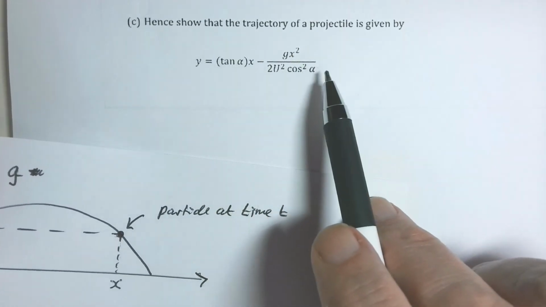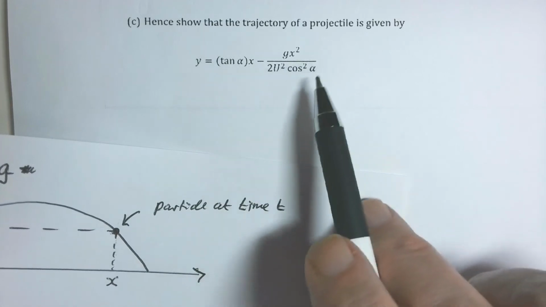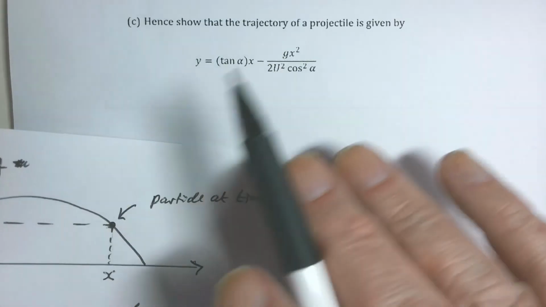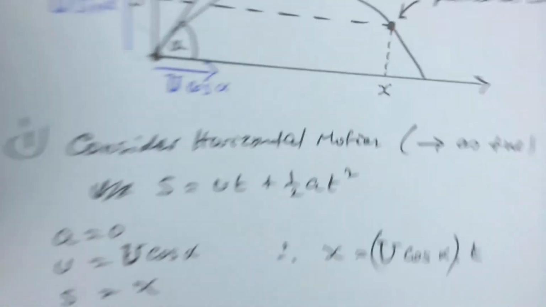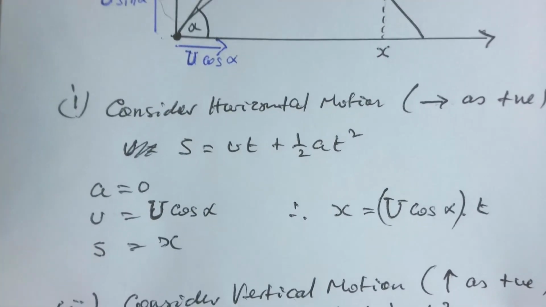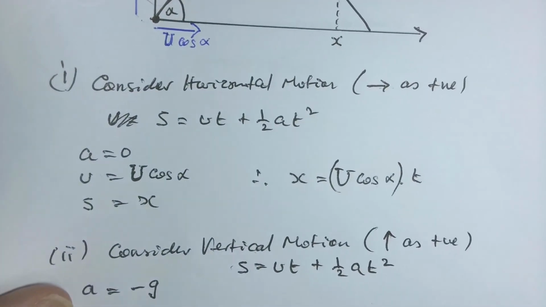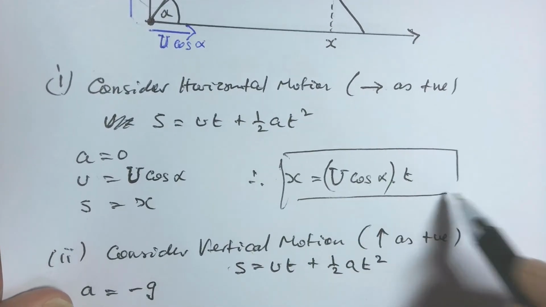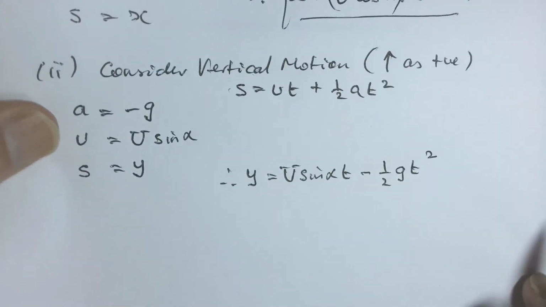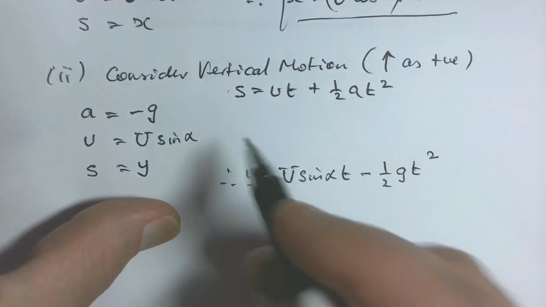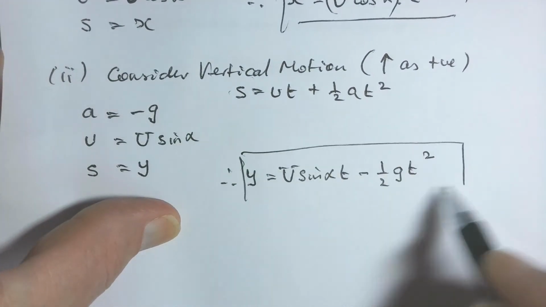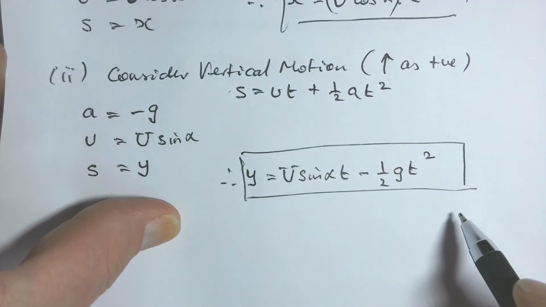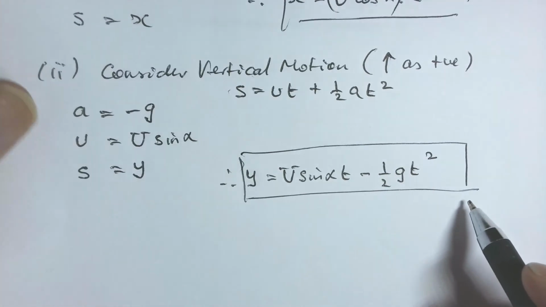At first you think that's quite a horrendous looking equation, but don't worry, it's dead easy, because now we've got our two equations. From part 1 we know that x equals u cos alpha t, and from part 2 we know that y equals u sine alpha t minus a half g t squared.